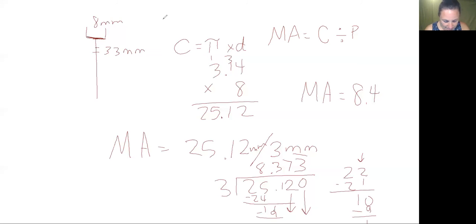All right. Number 4, what is the mechanical advantage of a wheel and axle with a wheel diameter of 300 centimeters and an axle diameter of 15 centimeters? So again, for our mechanical advantage of a wheel and axle, we can remember that that is the diameter of the wheel divided by the diameter of the axle. So we could say wheel diameter, WD, divided by axle diameter.